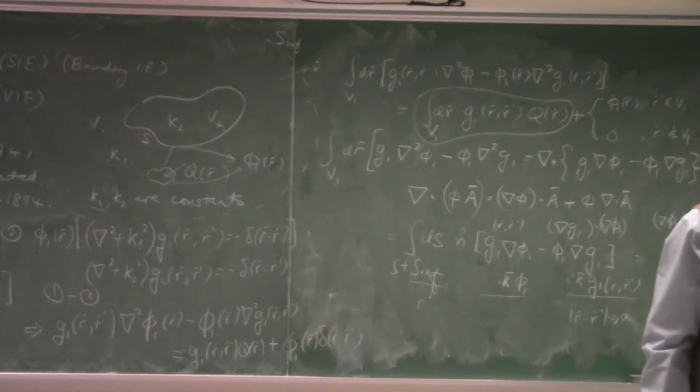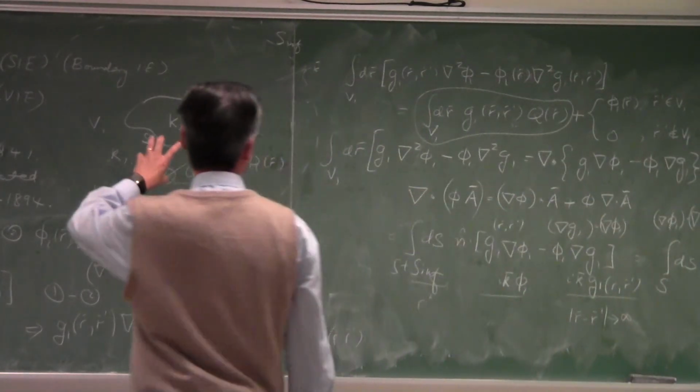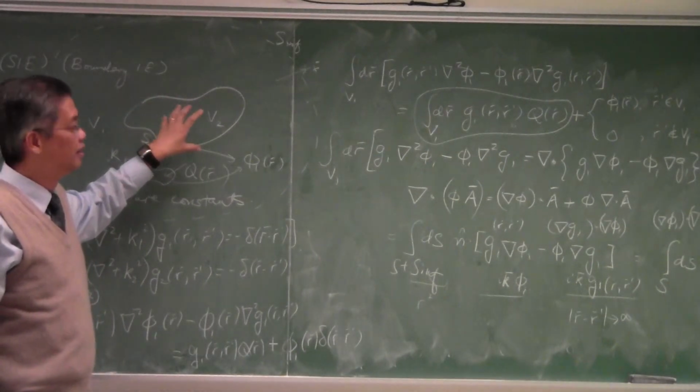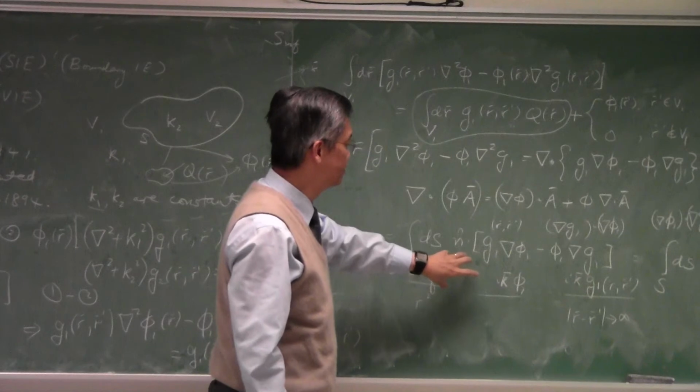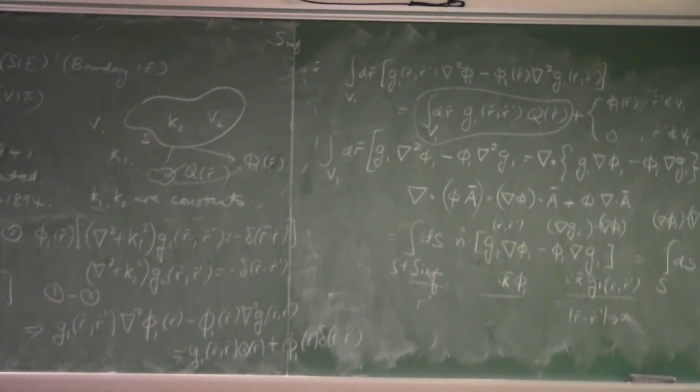It is the field generated by the source in the absence of the scatterer. This term can be converted into a surface integral. So finally, we have a way of writing the solution in the way that I have written in my textbook.